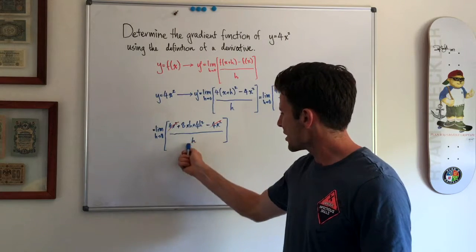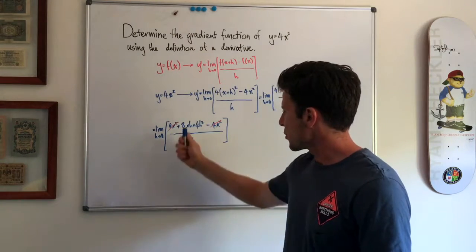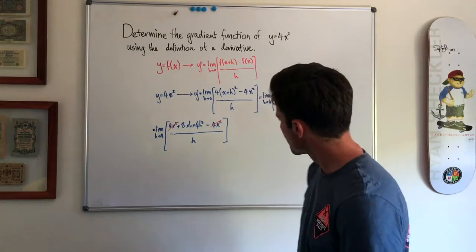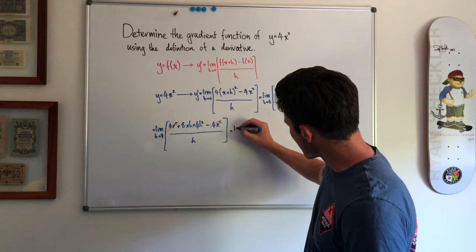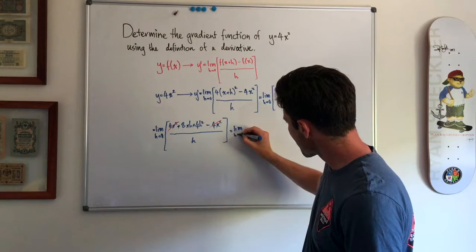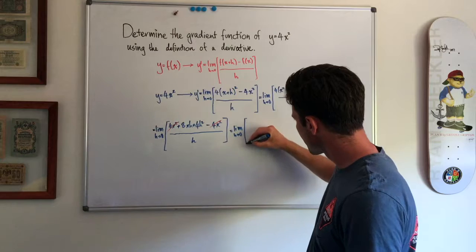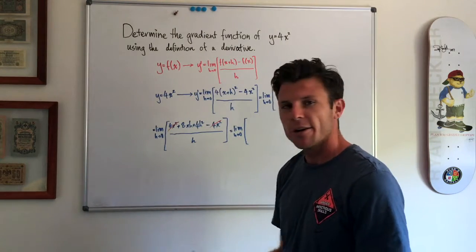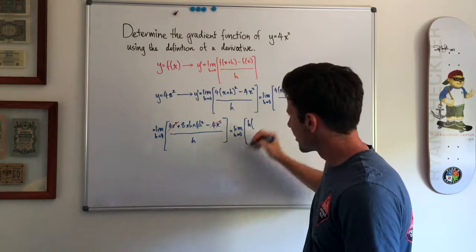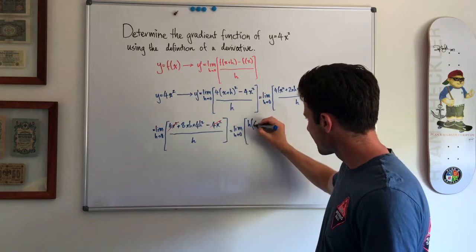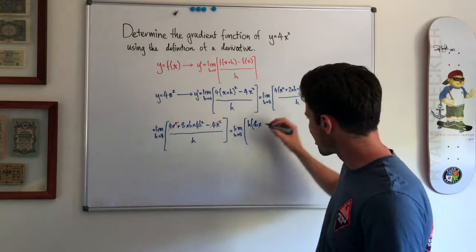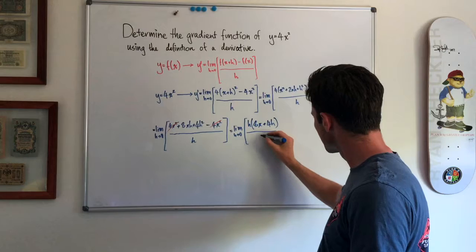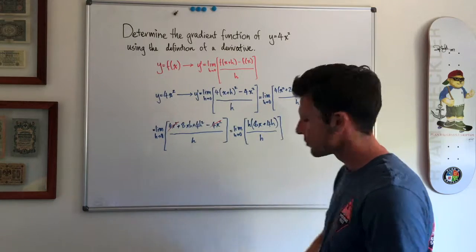So the way that we deal with the h in the denominator is we factorise the numerator by h. Now this should always work. So we have the limit as h approaches 0, and we're going to factorise what's left of the numerator by h. So that's going to be 8x plus 4h, all divided by h.